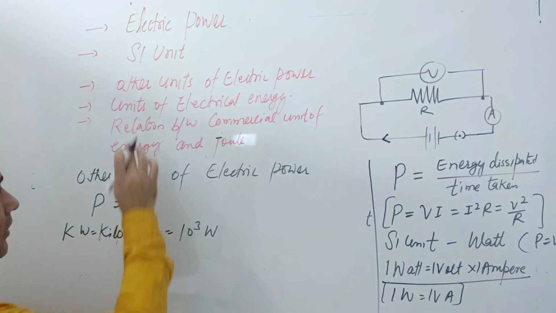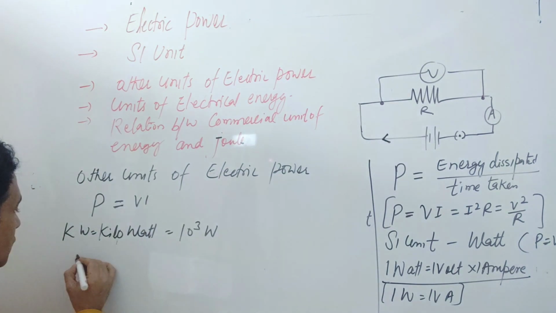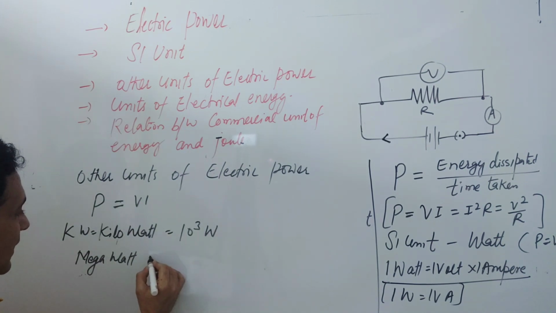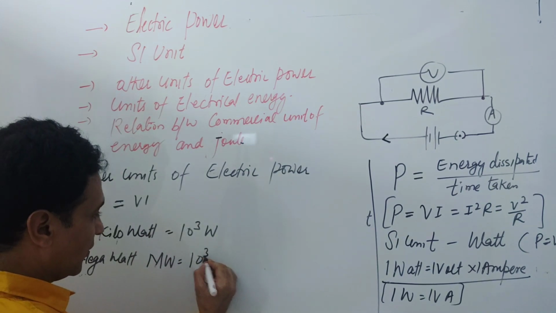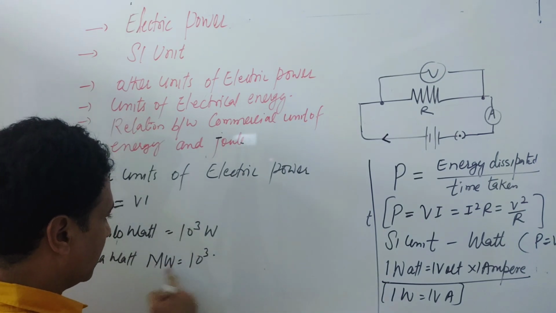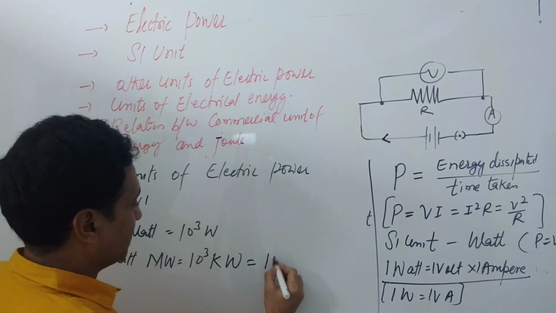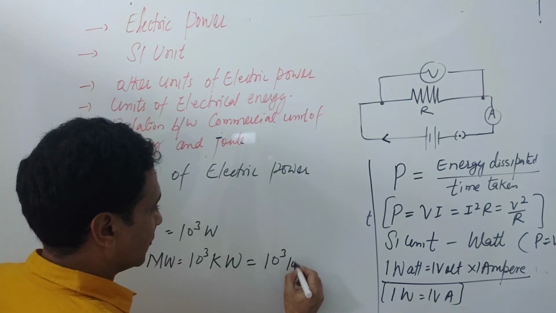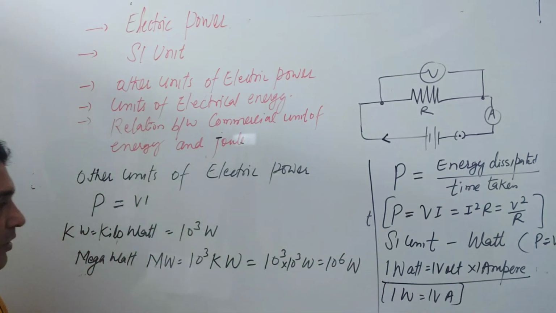And if we write a bigger unit, we get the megawatt, capital M and W. 1 mega is equal to 10 power 3 kilo, and watt, so it becomes 10 power 3 into 10 power 3, that is 10 power 6 watt. This is the bigger unit of electric power.